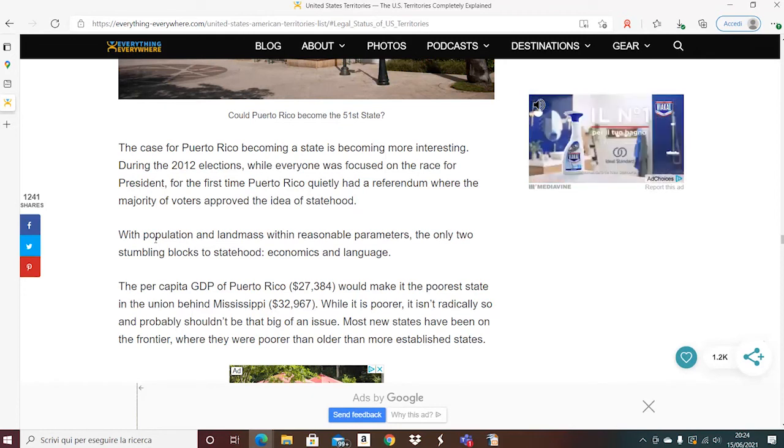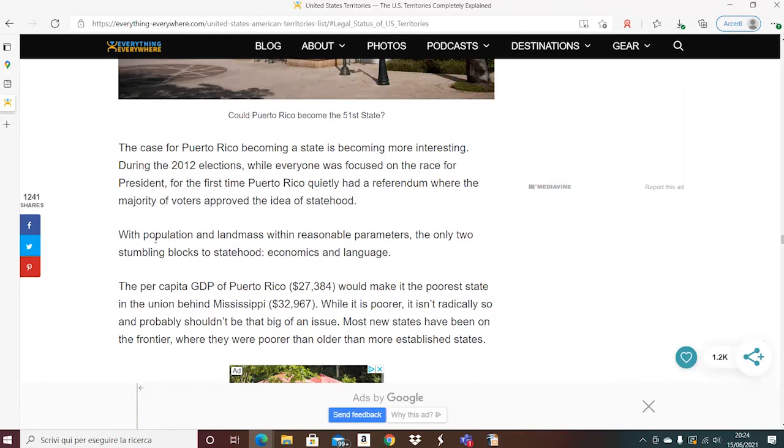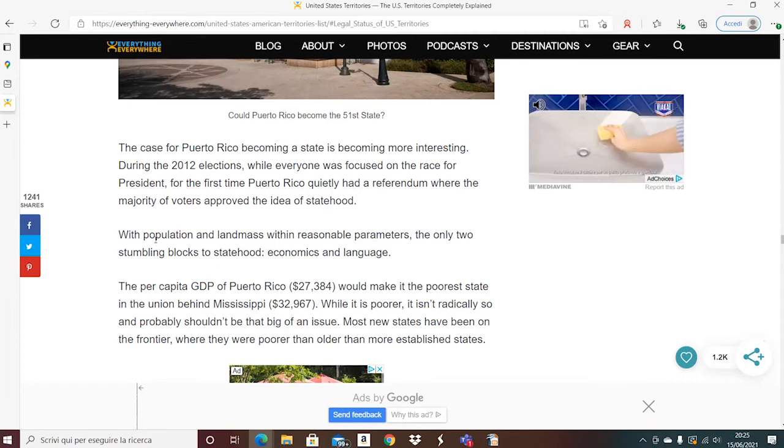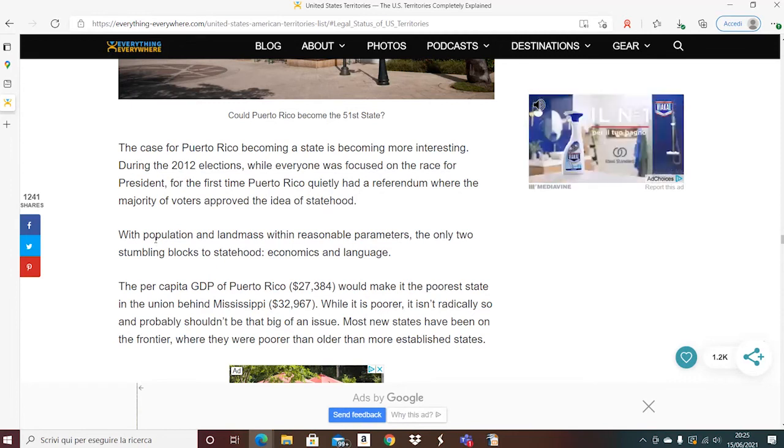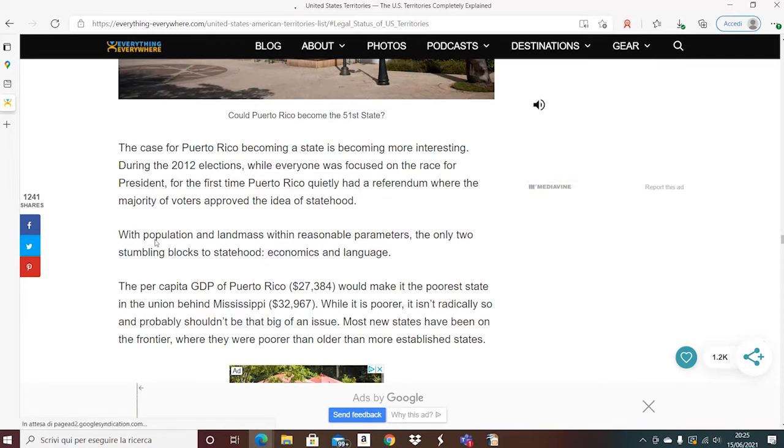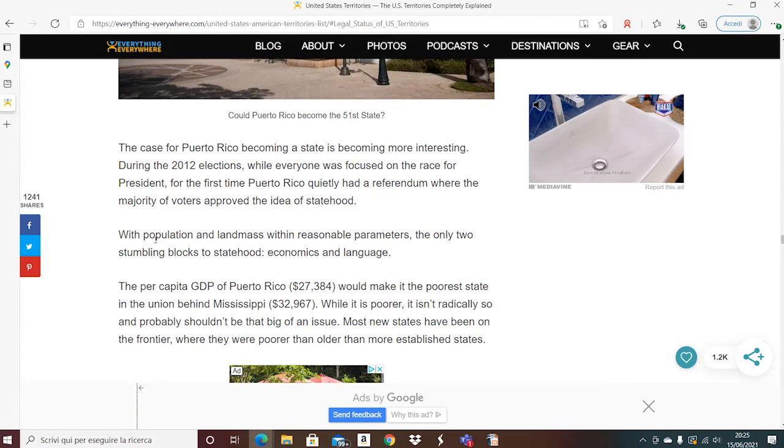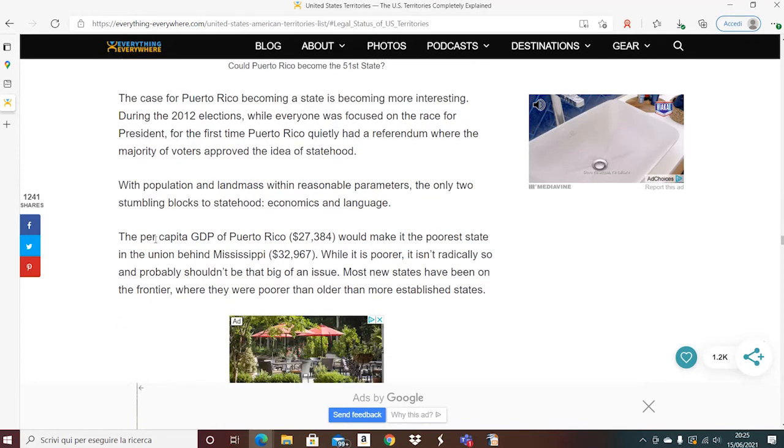While it's poor, it isn't radically so, and probably shouldn't be that big of an issue. Most new states have been on the frontier, where they were poorer than older, more established states. The real issue is language.